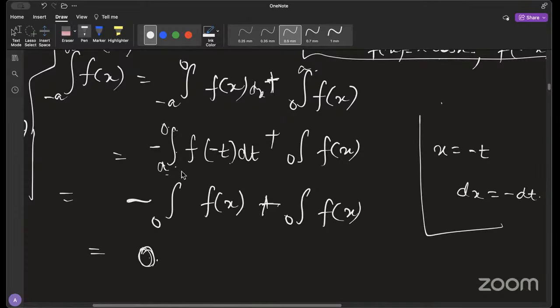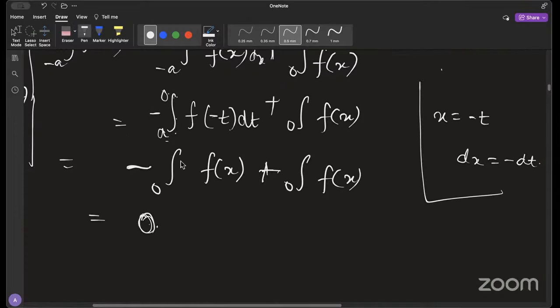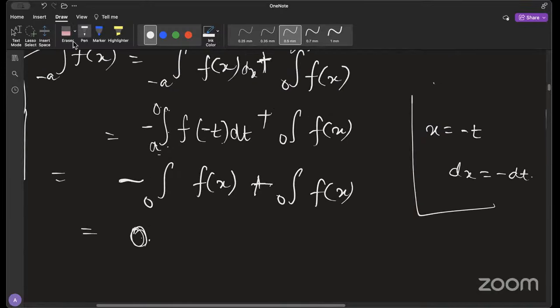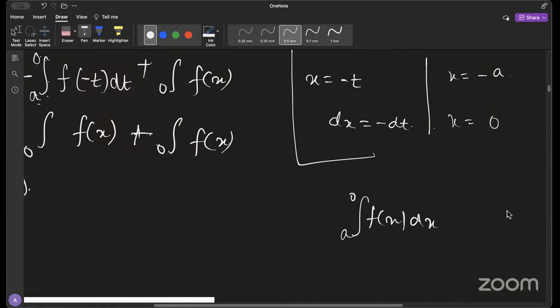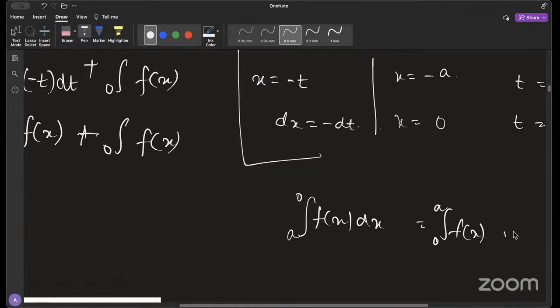And now if you change the things here, this is an identity now, right? If you have the integral from a to 0 of f(x) dx, and if you change the limits from 0 to a, then a negative sign gets introduced here, right? This is an identity. So we'll make use of this identity here.